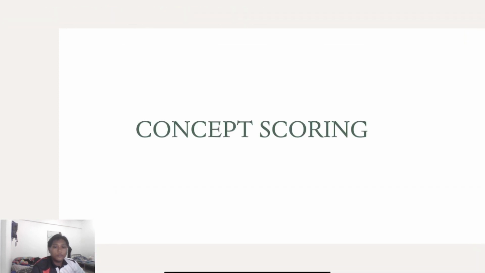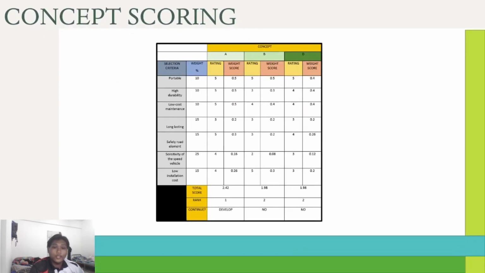After we continue the concepts, we must do concept scoring. Concept scoring is a little bit the same as concept screening, but a little different in ranking, because concept scoring can be used for the development of the concept. On the left hand side, we have the selection criteria from customer needs, same as concept screening.